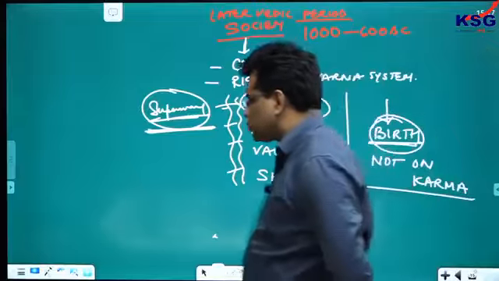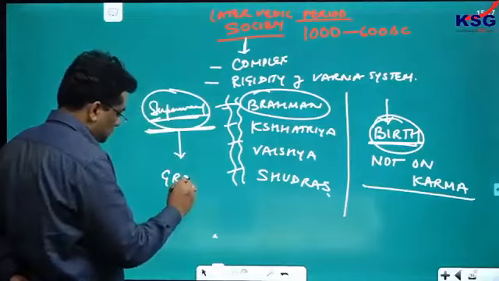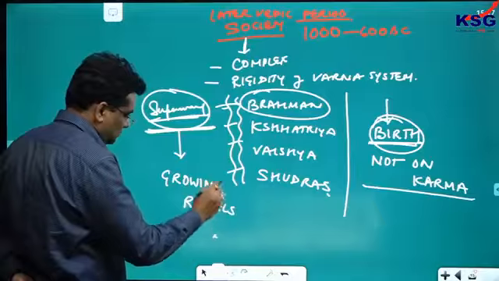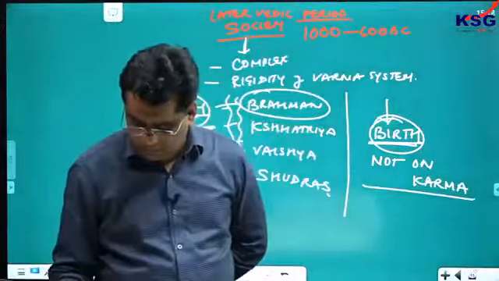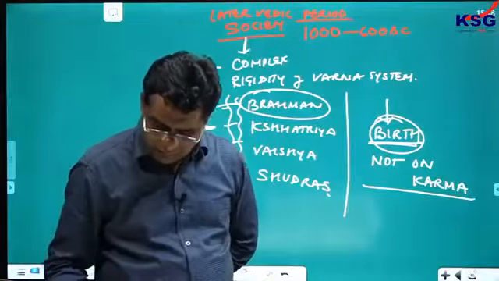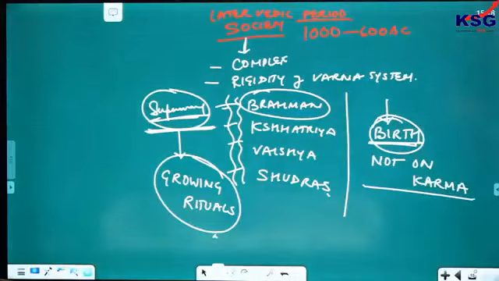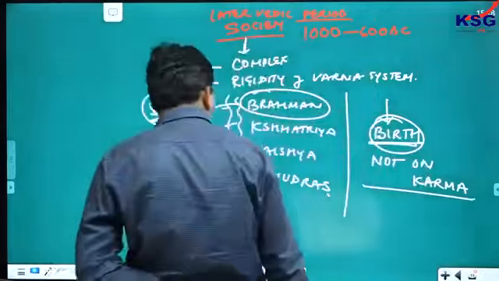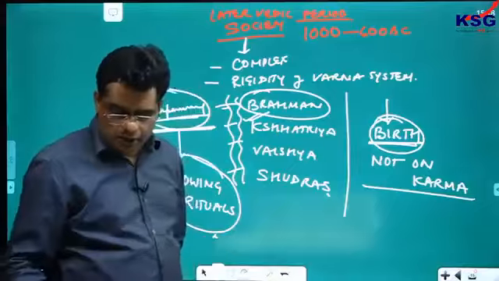There were growing rituals. The rituals became complex, and the concept of dan and dakshina had developed.